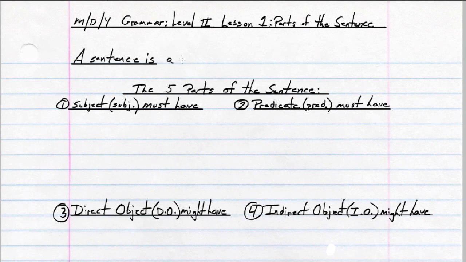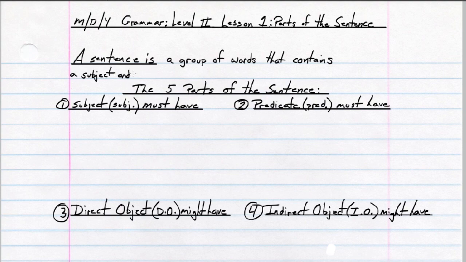So a sentence is a group of words that contains, and I'm going to bounce back here underneath this line, a subject and its predicate, and then I'm going to capitalize and here, all letters, and I'm going to underline and, makes a complete thought.